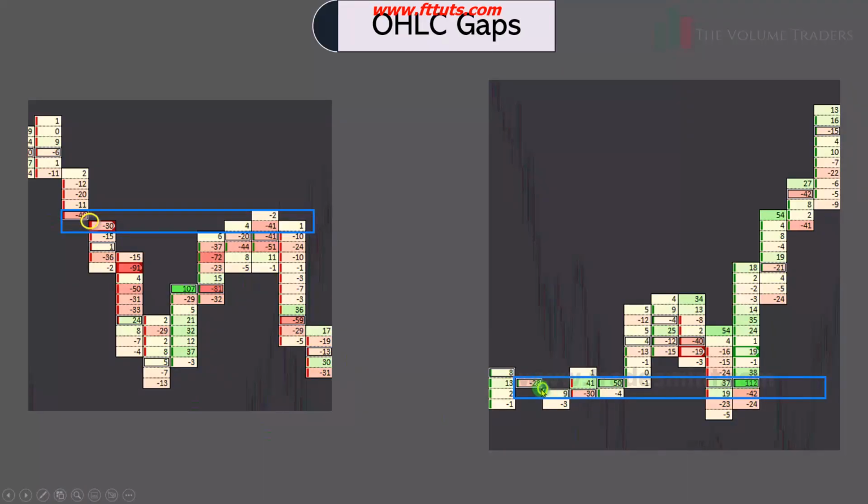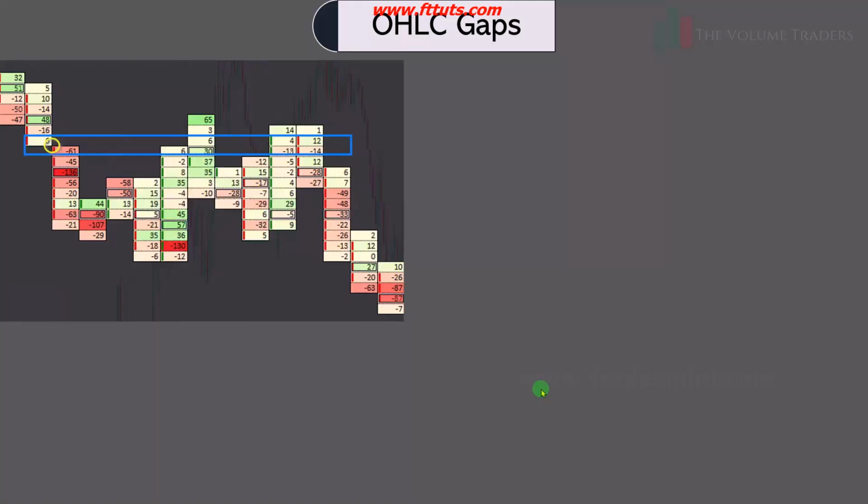There are not a lot of candles like this before Frankfurt and London, so it's really easy to spot them. If I'm not sure on my candlestick chart whether this is an OHLC gap, I go to the footprint to confirm if the candles are really touching this way.